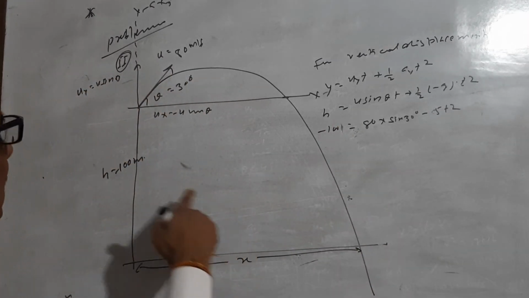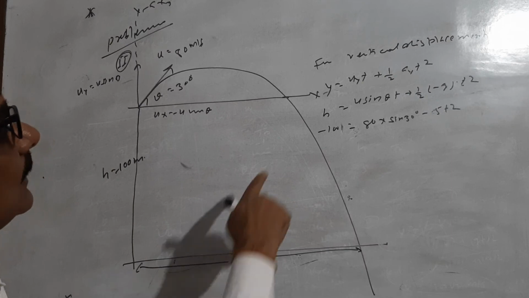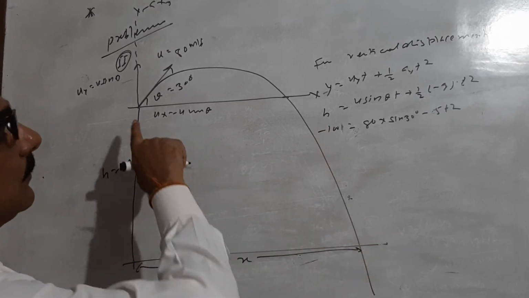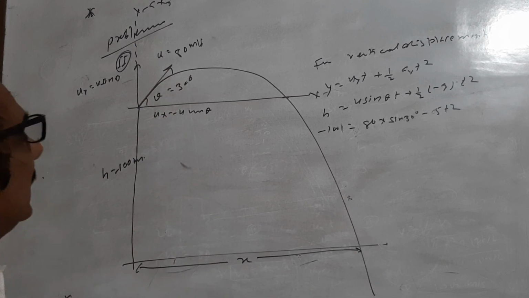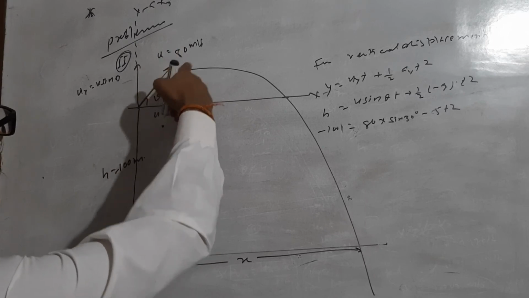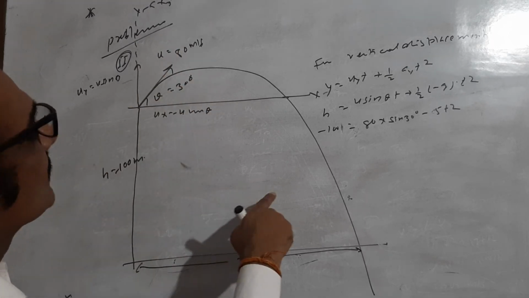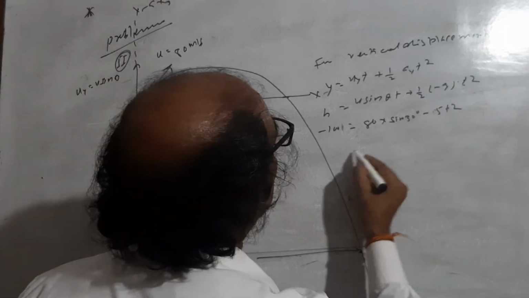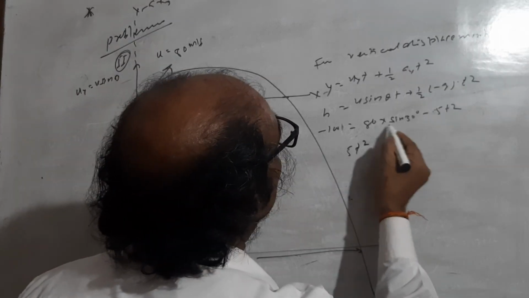So it is very important to write down the value of height not as 100 meter but as minus 100 meter, because the projectile is thrown in the upward direction and the height is taken just opposite to the direction of motion of the projectile. So in this situation the height is taken as minus 100.